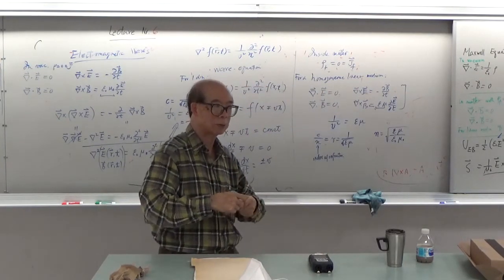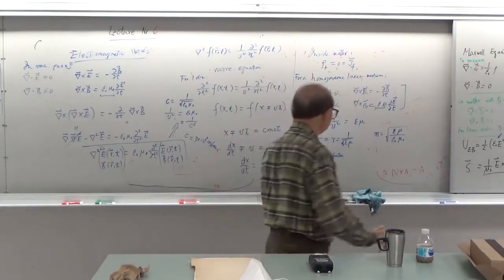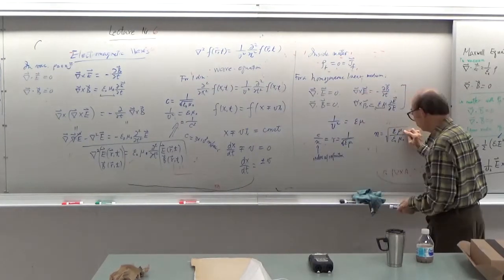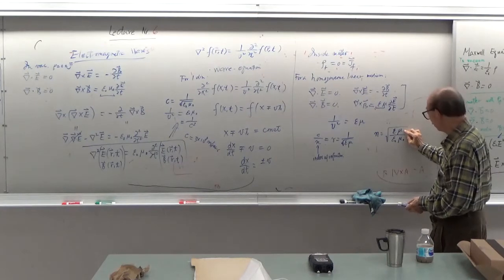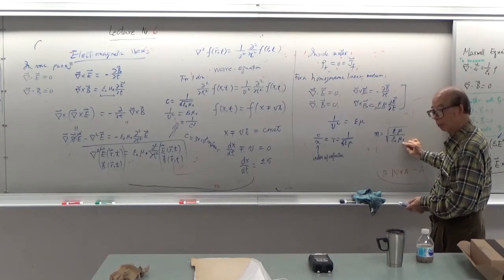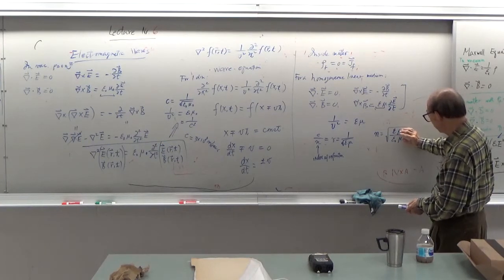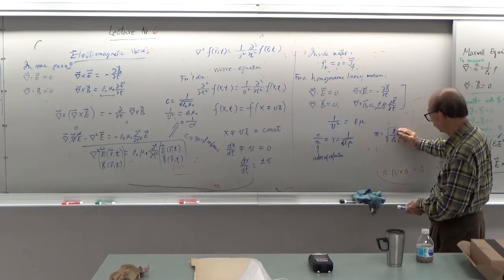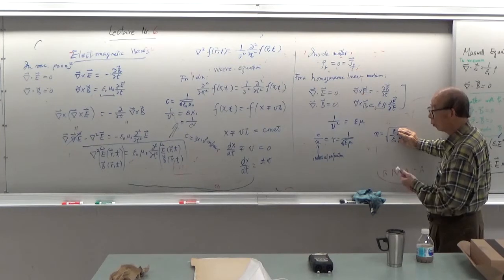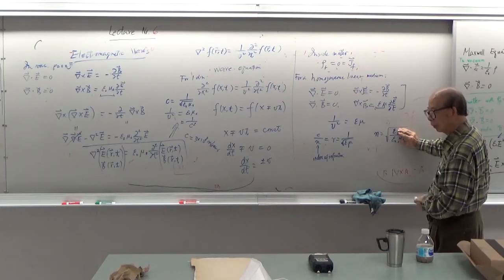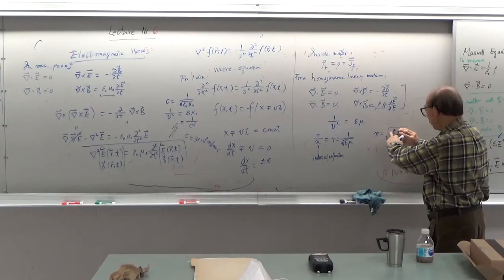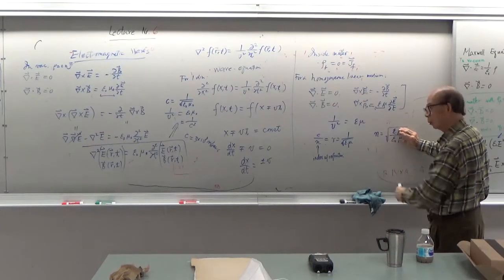For all the transparent materials that I know of, the permeability is very close to the permeability of vacuum, so that mu over mu naught is roughly 1. And for all the transparent materials that I know of, the permittivity is greater than the one in vacuum.